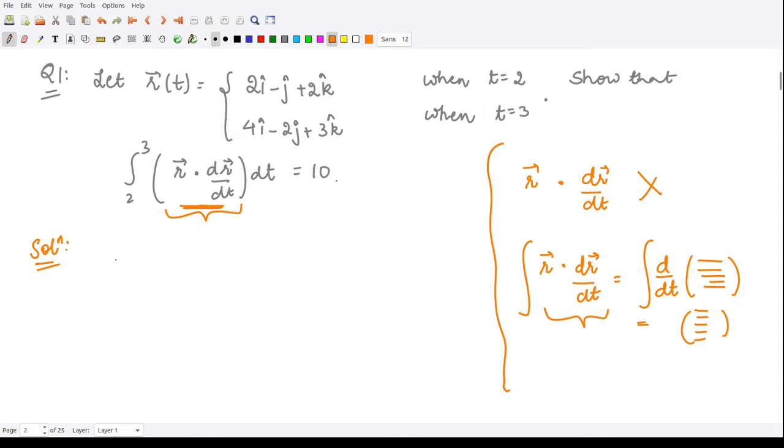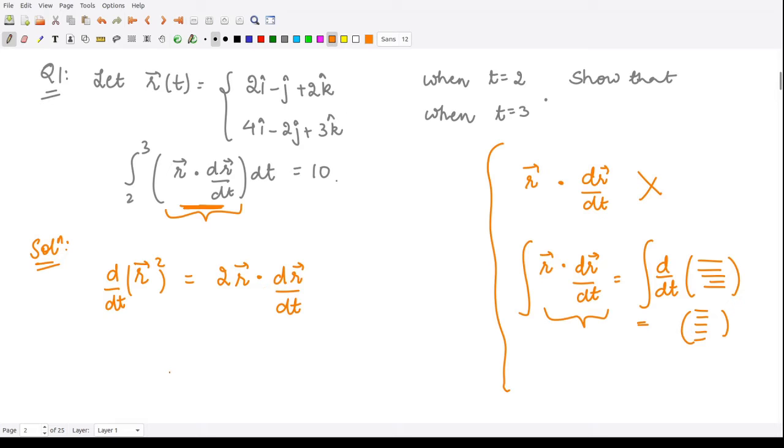Here, if you take the vector r whole square, and you take the derivative, what would this be? It would be 2 vector r dot with dr by dt. This is how you perform the derivative. Firstly you perform the derivative of the power, that would be 2 vector r, and then dot with the derivative of vector r.